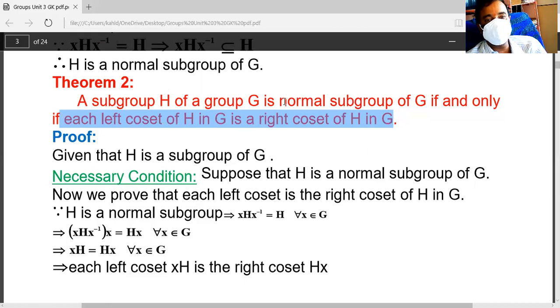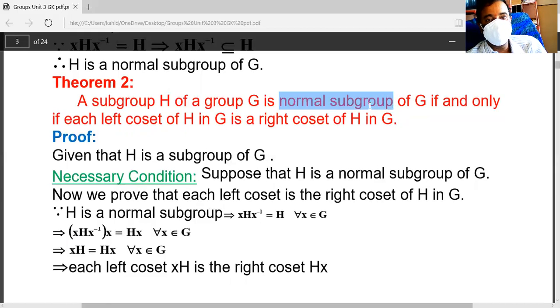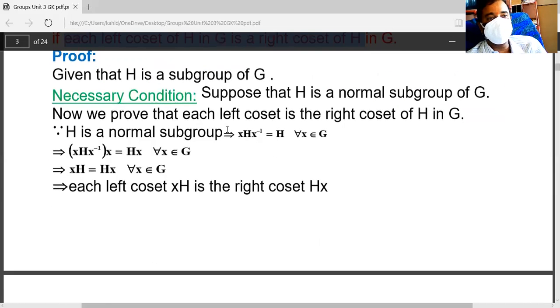For the necessary condition I am taking H is a normal subgroup, and we prove that each left coset of H is a right coset. Suppose H is a normal subgroup of G. Now we want to prove that each left coset is a right coset of H in G.